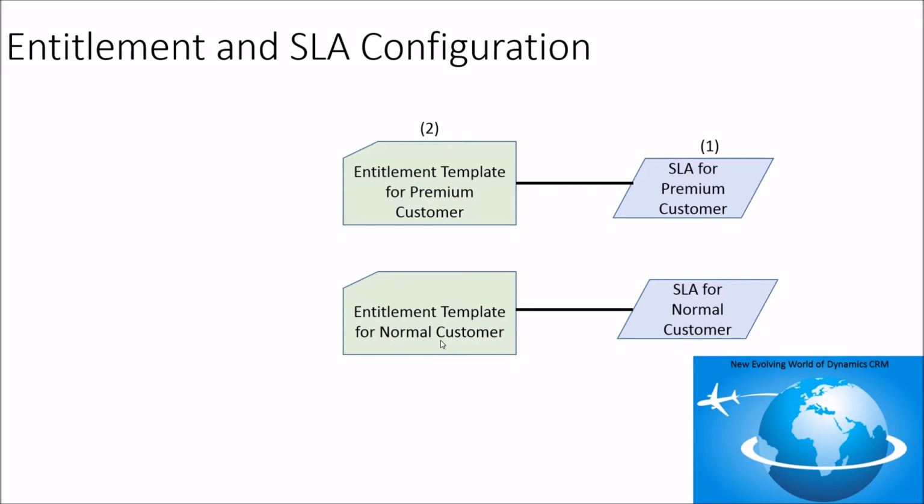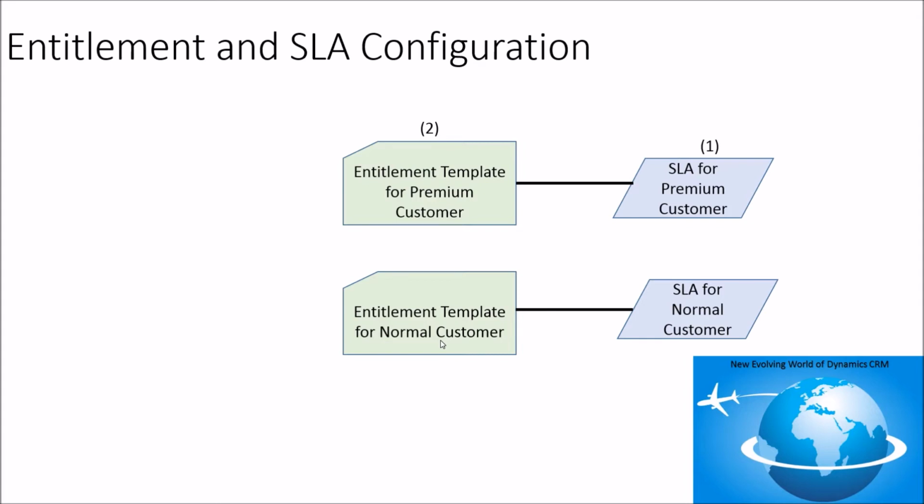And if you want the SLA decision to be taken through entitlement, then you link the SLA to a particular template. So in this case, we'll create two entitlement templates. One is a premium template, the other is a normal template, and in both templates we'll link them to the premium SLA and normal SLA. That's what we'll do. Once you have done this, then your base configuration is done.